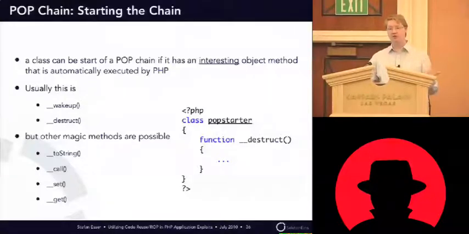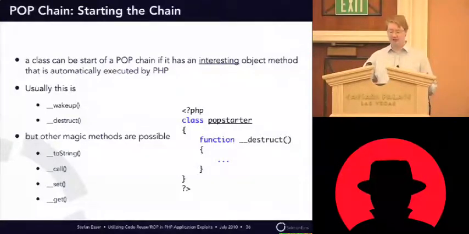When a method is called on an object and the method is not known, then it will try to find the call magic method. If it exists, then it will execute that. And get and set are for magic properties, so the getter and setter. In the real world, so far, I only started POP chains with wakeup and destruct.